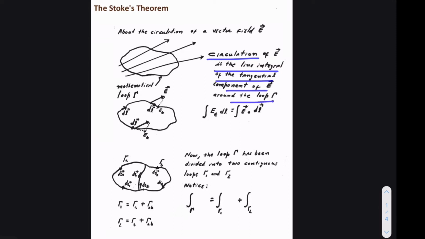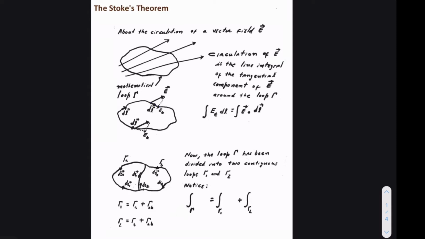this loop gamma. Let's say at some point on this loop here we have this vector field E pointing in this direction and an infinitesimal length vector dl is pointing in this direction. Then the tangential portion of this vector field E along this infinitesimal length would be this.